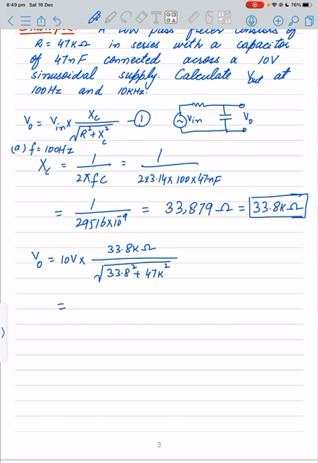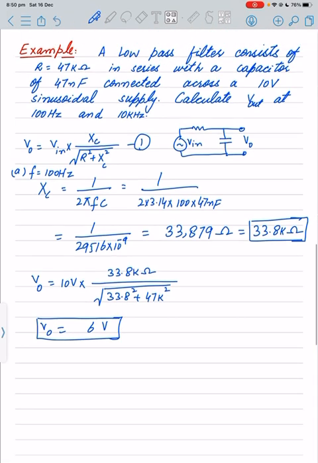After performing the calculations, you will get around 6 volts at the output. So at 100 hertz you will get 6 volts. However, the input was around 10 volts.